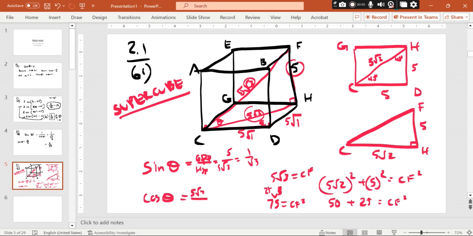So 5 root 2 over 5 root 3. Oh, that's a fun one. This is going to be root 2 over root 3. Do we keep it like that? Yes, you may. The interesting thing is, in mathematics, you would never have a fraction inside a square root. You can split them off. That's cool, but not inside a square root. Okay, that is 61. Are we good there?